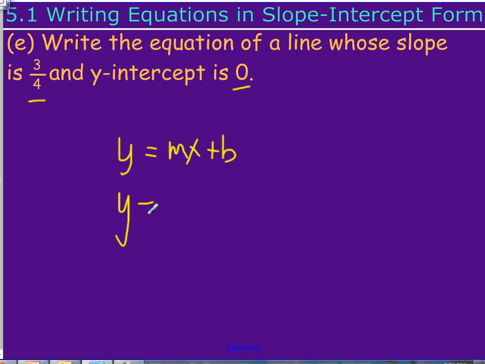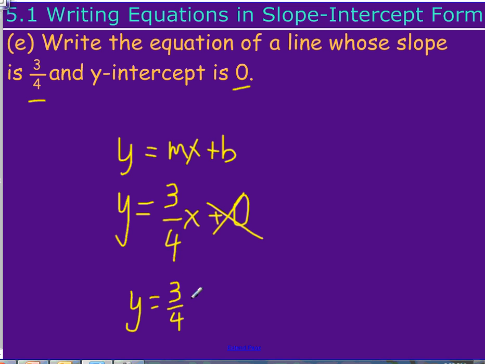I have y equals my m, or my slope, which is 3/4, x plus 0. Now, I don't really need to have that plus 0 on there, because if there's nothing there, then we can assume that the y-intercept is 0. So I'm going to rewrite it as y equals 3/4 x.